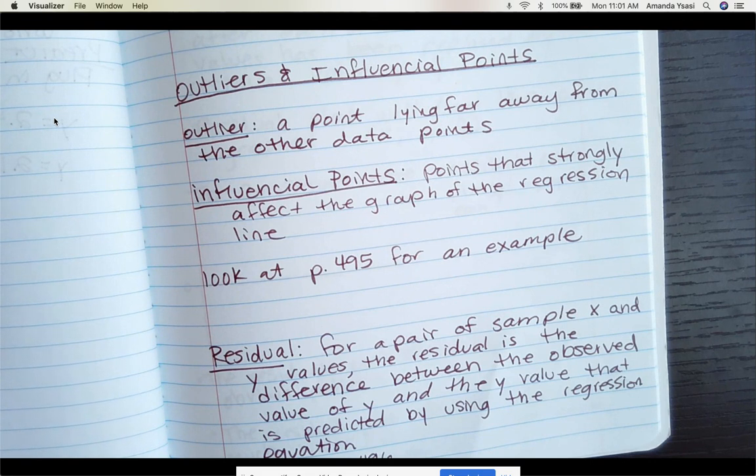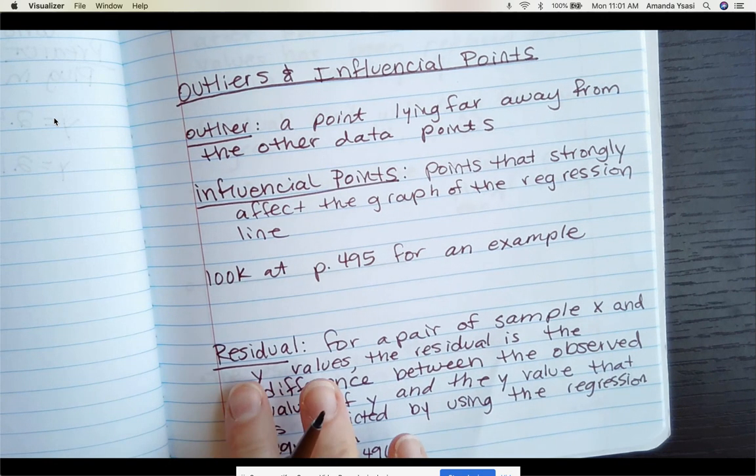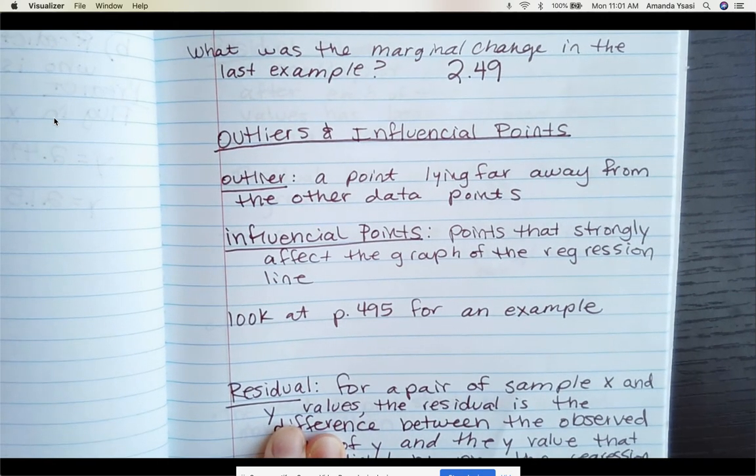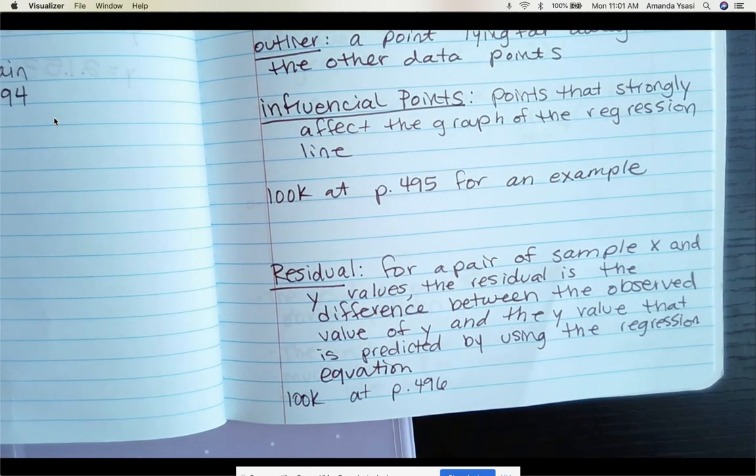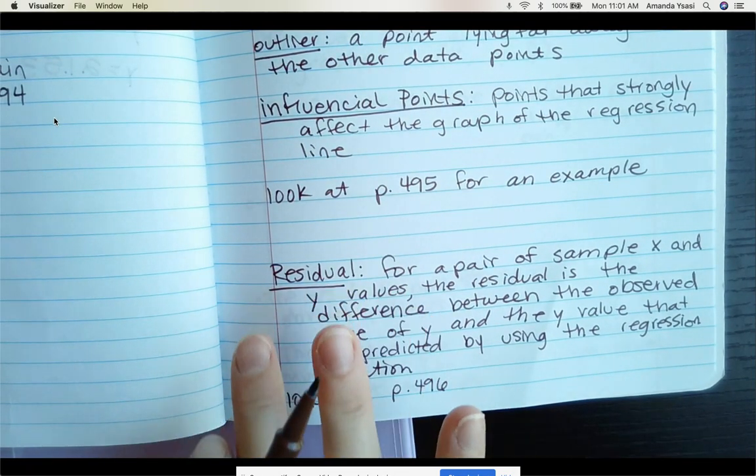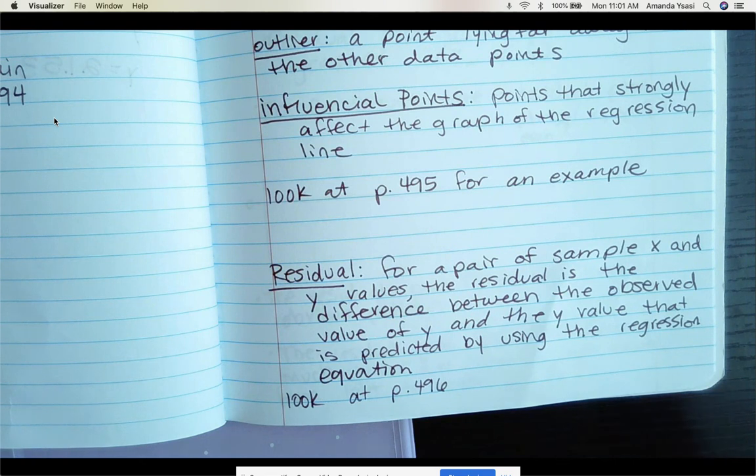Residual. For a pair of sample x and y values, the residual is the difference between the observed value of y and the y value that is predicted by using the regression equation. So R is your residual. And we've been able to just find it using the calculator, but you can actually find it by hand, which I just want to show you how that's found.